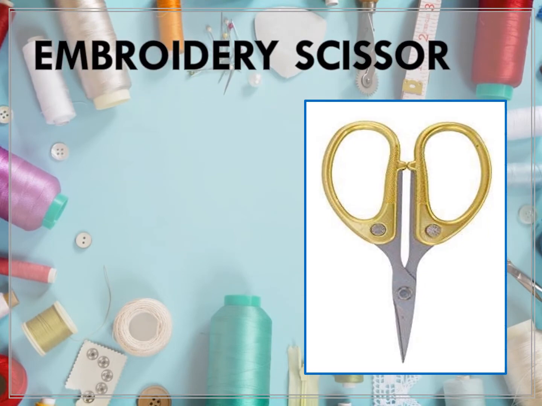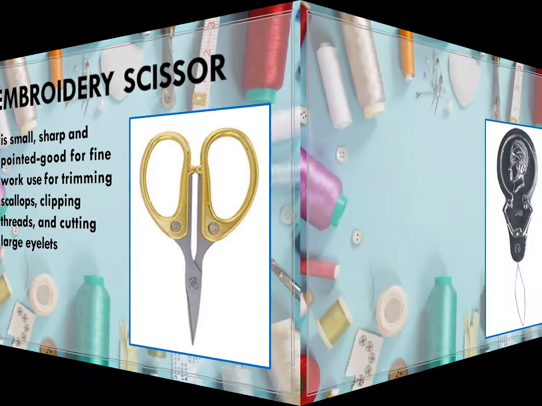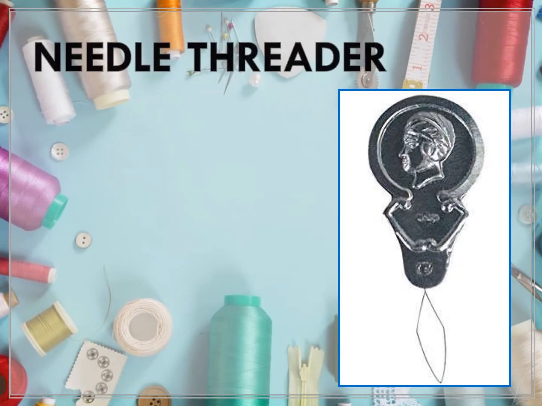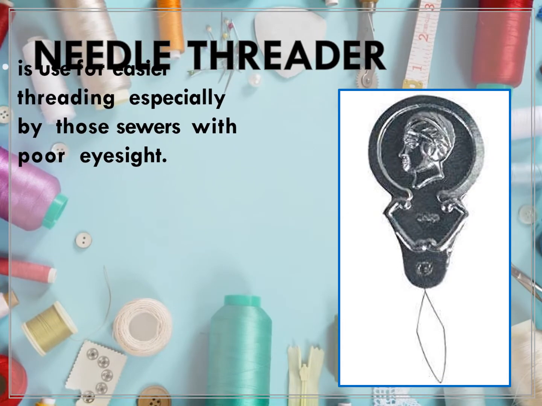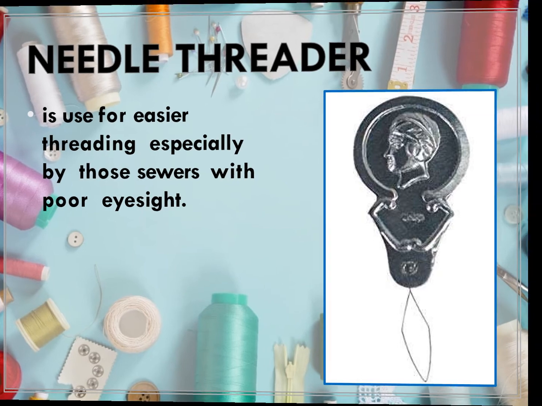Embroidery scissors is small, sharp, and pointed, good for fine work, used for trimming scallops, clipping threads, and cutting large eyelets. Needle threader is used for easier threading, especially by those sewers with poor eyesight.